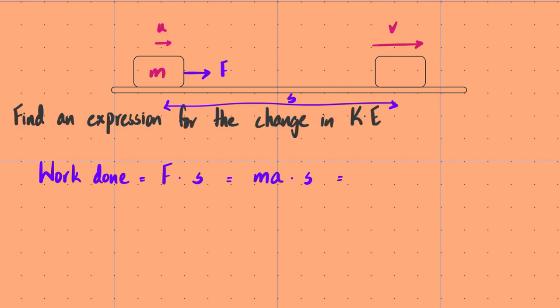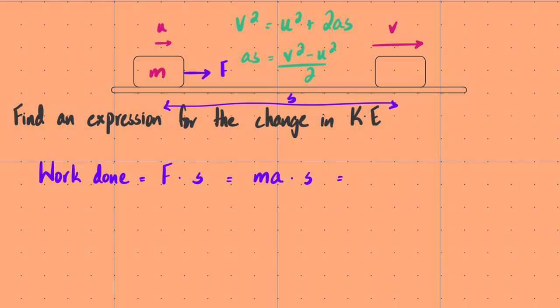That is the third equation of motion, which was v square equals u square plus 2as. Because you need to get rid of both a and s, you can make that the subject. So that becomes v square minus u square over 2.